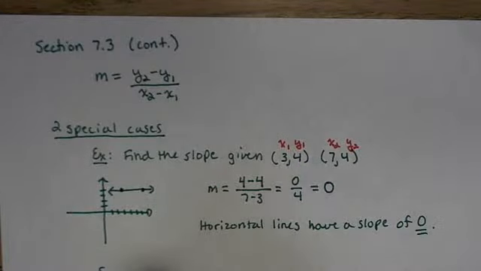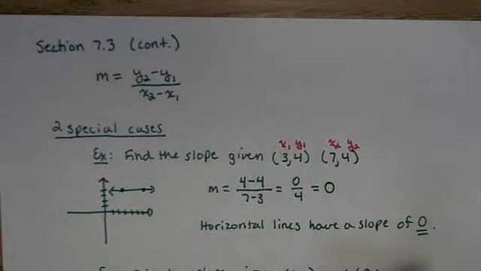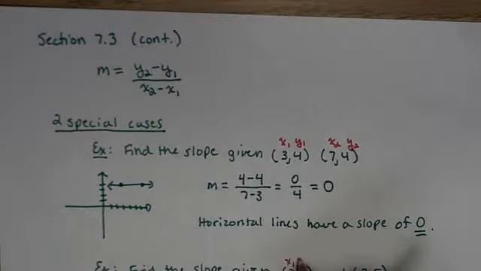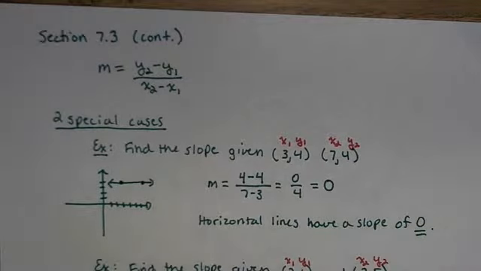Suppose I ask you to find the slope given the points 2, 1 and 2, 5. So again, we could say this is x sub 1, y sub 1, x sub 2, y sub 2.